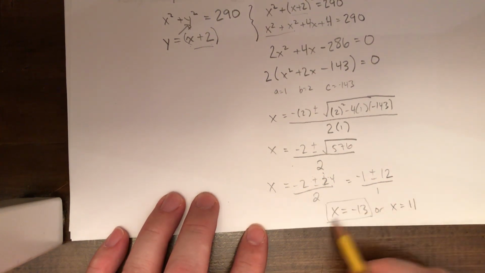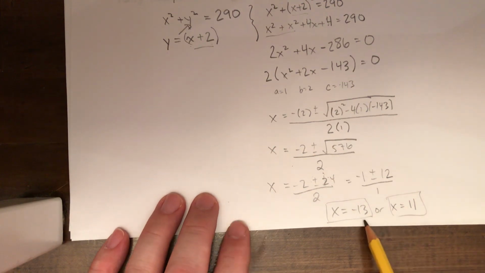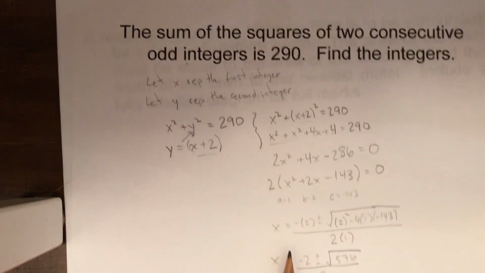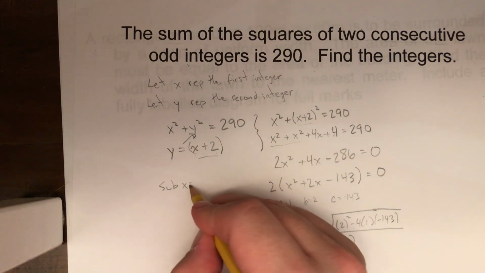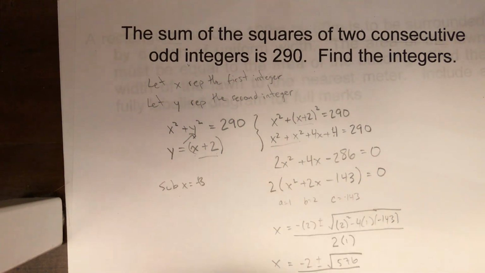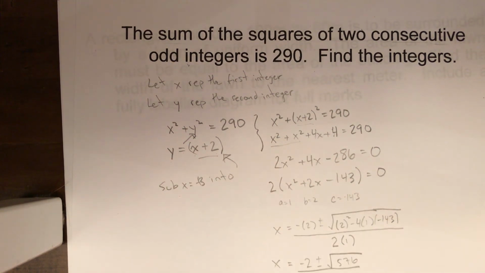So we have two possible solutions here for x, because when we do square, we end up with another positive term. So we need to find our y values. So up here, I'm going to sub x equal to -13 into y equals x plus 2.